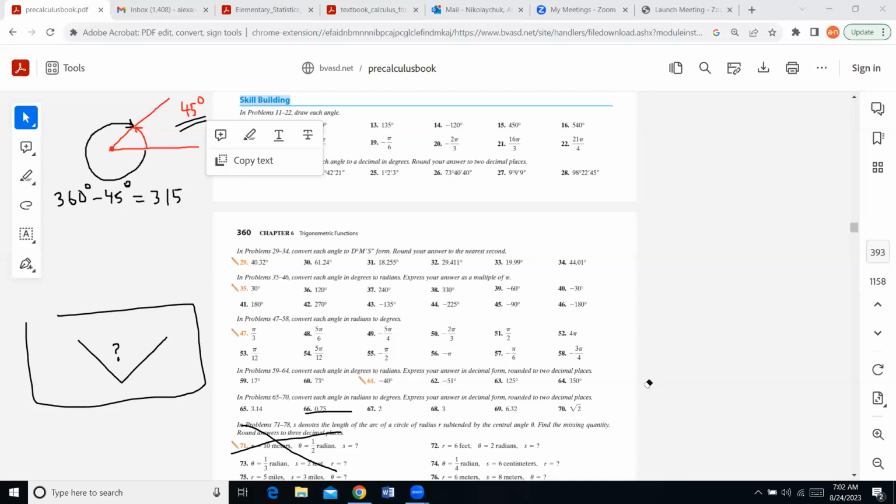So, for example, the exercise like problem number 14 says, what about a negative 120 degrees angle? How about if you make a picture of it?